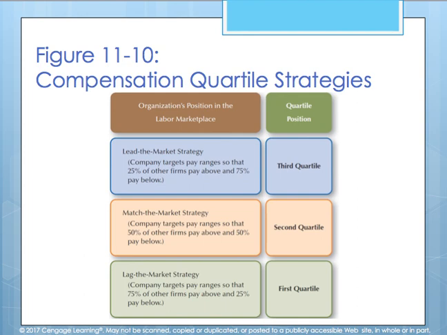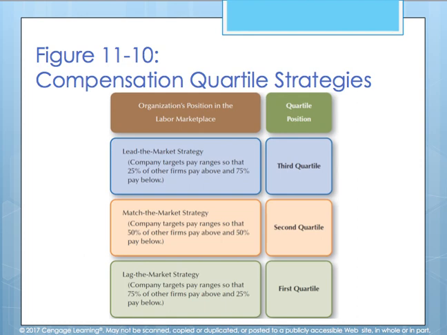That's when your company is going to target a pay range that 75% of other organizations will pay above and 25% will pay below your targeted range. Now, match the market strategy. Your company is targeting pay ranges so that 50% of other organizations are paying above and 50% of other organizations are paying below your targeted range.